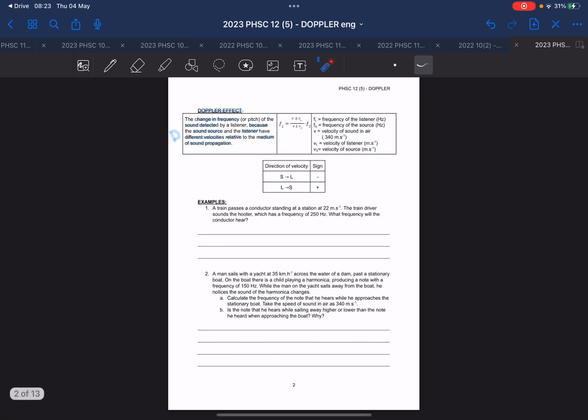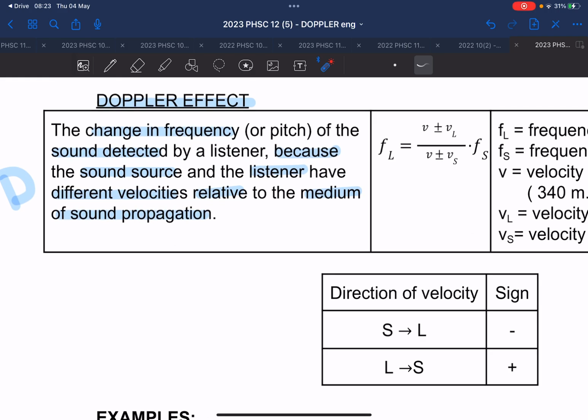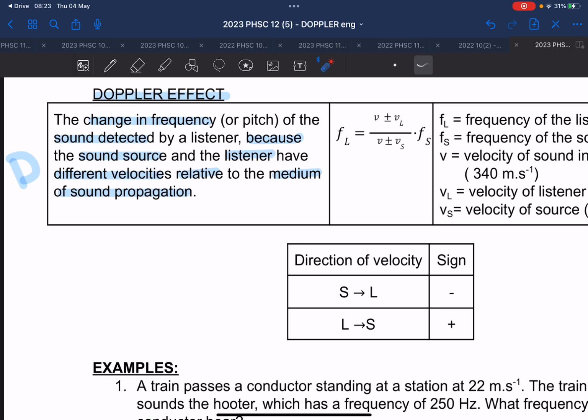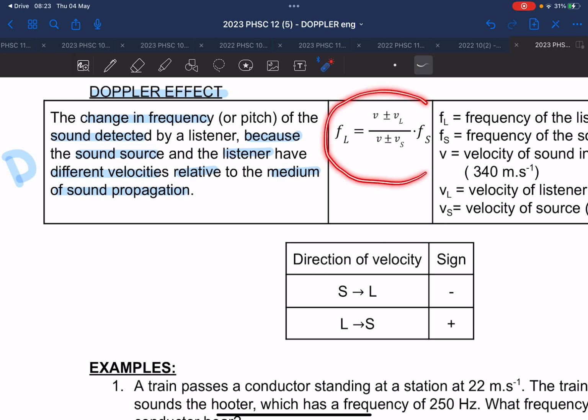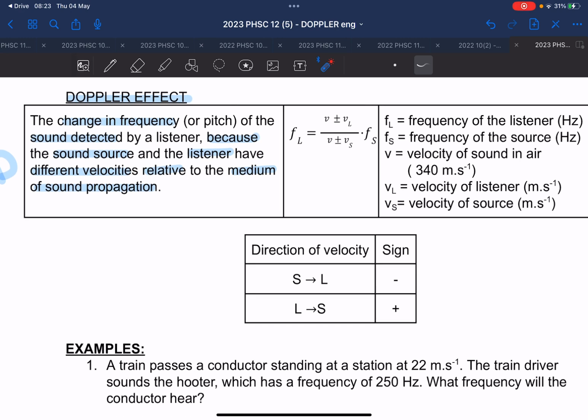So the whole thing that I've explained to you from the beginning of this lesson is in this definition, just in very fancy wording. Go study it off by heart. They are going to ask it. Now the formula that goes with it is this one on your data sheet. This is the frequency of the listener, the frequency that you hear. Then we have the speed of sound in air, 340.